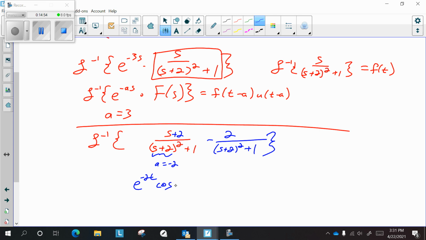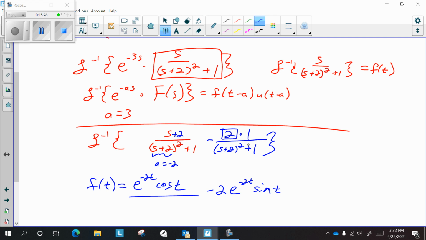This is b squared, so b is 1. So that's what the first term transforms into. If we have a constant on top, remember this is b squared, so we need a b on top. So that 2 we just pull out front. And when we have b over s minus a squared plus b squared, that transforms into e to the at sine bt. So that's our f of t.